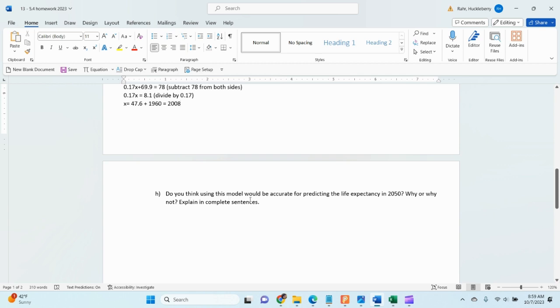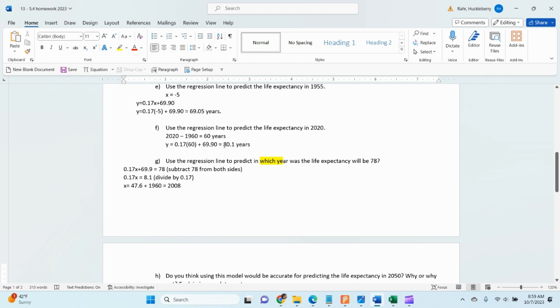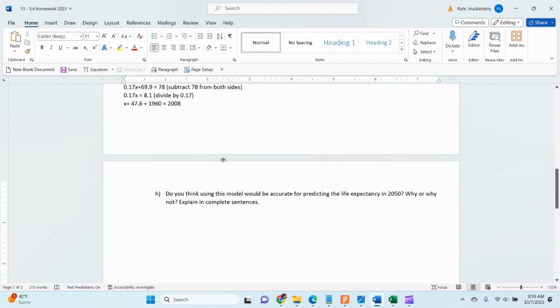Do you think using this model would be accurate for predicting life expectancy in 2050? Why or why not? So if we did 2050, that's 90 years from 1960. If we put in 90 into our equation, we get, yes, no. I mean, this is a personal question.